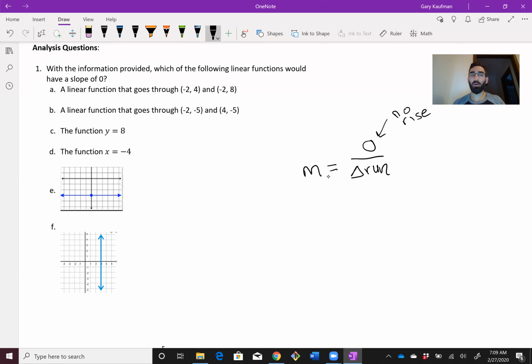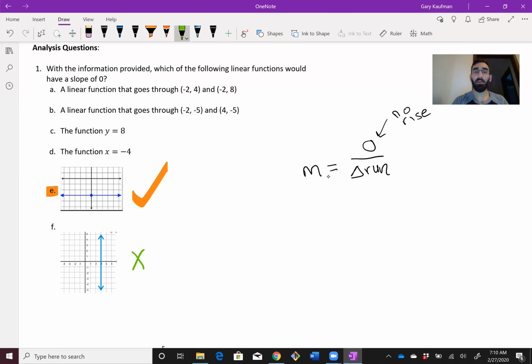This little work allows me to say, okay, E has no rise. So E works. This is a yes. On the other hand, this has a rise. So that's a no. So I don't have to do as much work for the pictures.